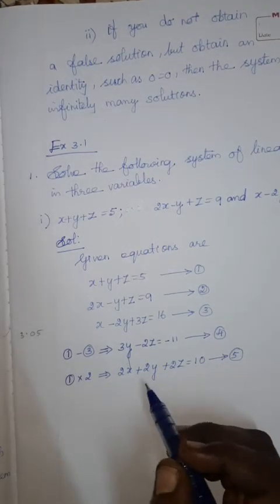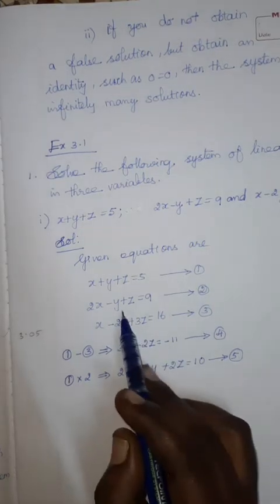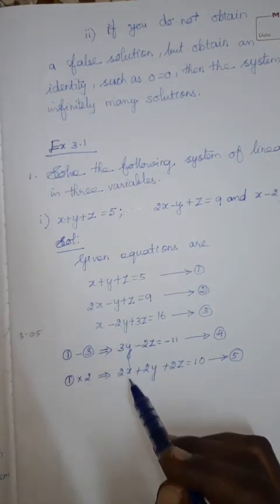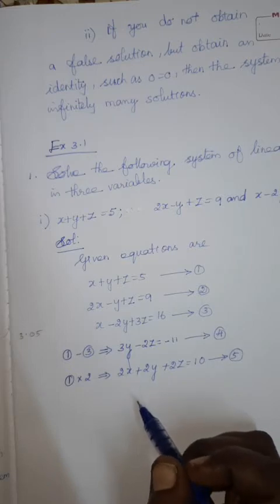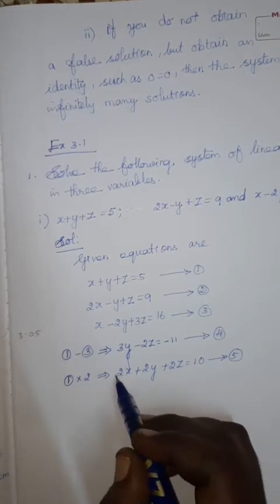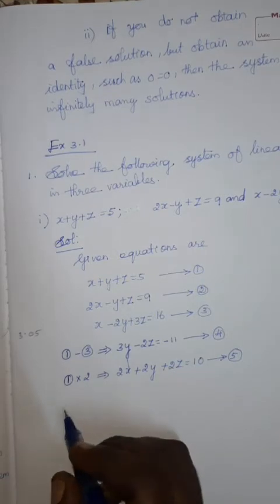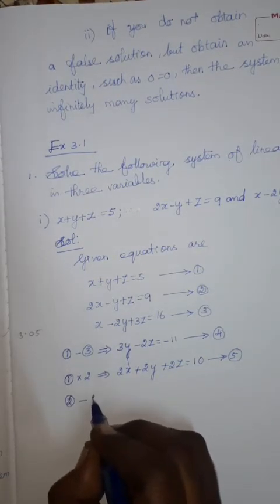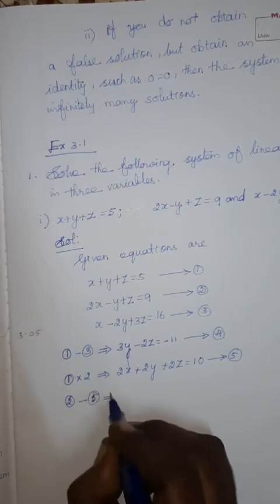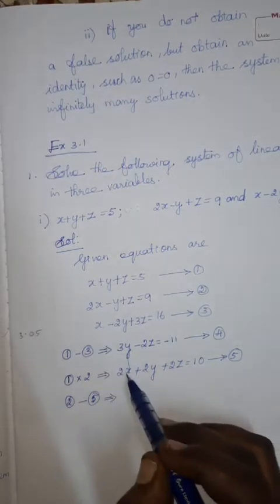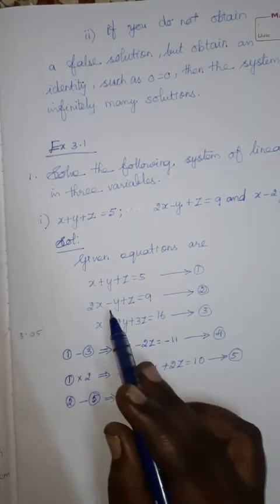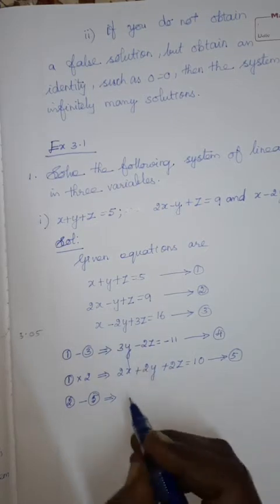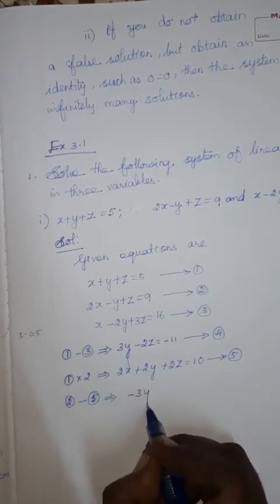Okay. Now you see this equation 5 and 2, the coefficients are same in the x. So we can eliminate the x term and you will get the equation in y and z. Since the signs are same, we can subtract. Now equation 2 minus equation 5, what do you get? 2x minus 2x cancel, minus y minus 2y, you will get minus 3y.